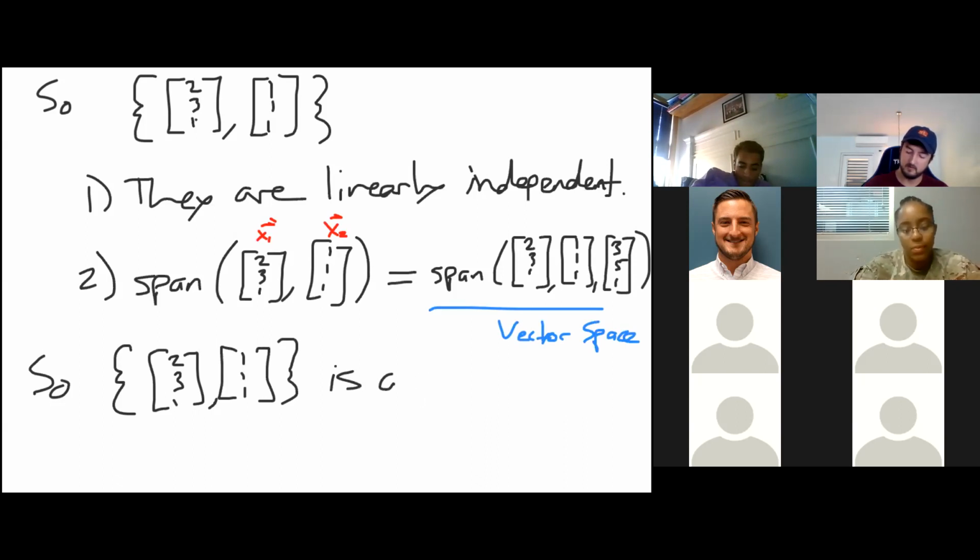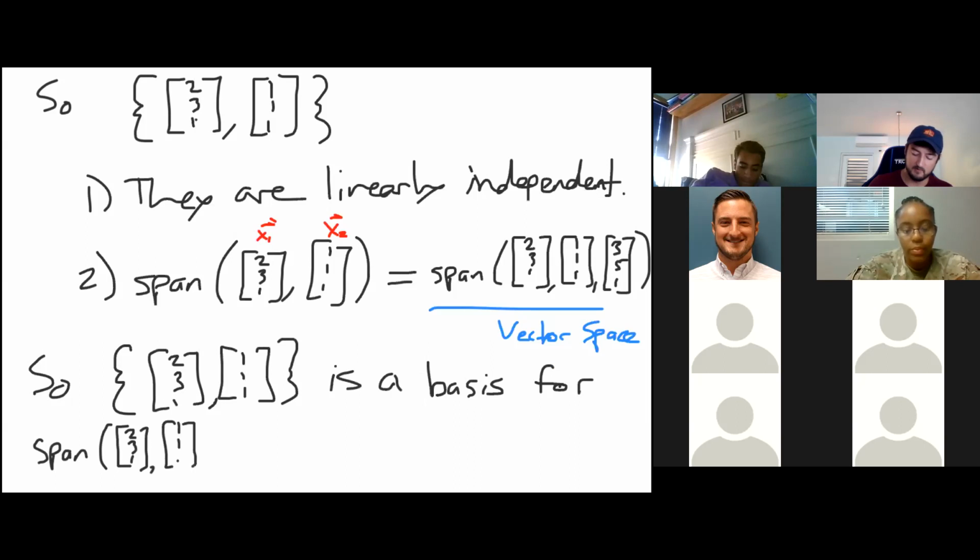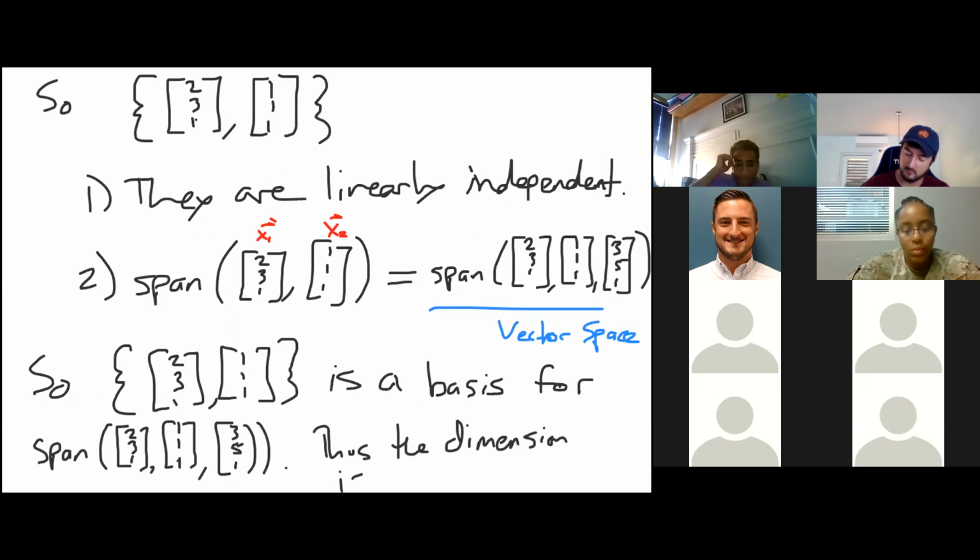It's a basis for the vector space, which is the span of those vectors: 2, 3, 1, 1, 1, 1, and 3, 5, 1. Thus, the dimension is what? What is the dimension of the span of those three vectors?